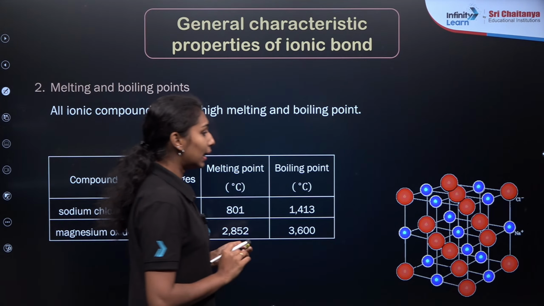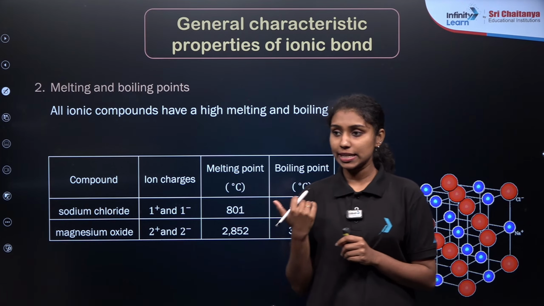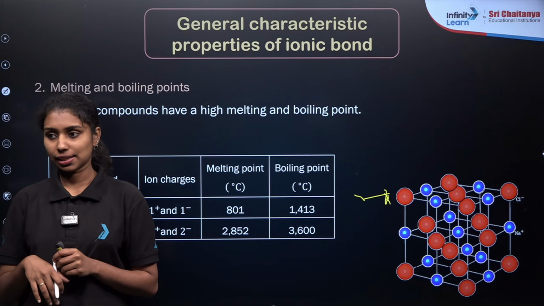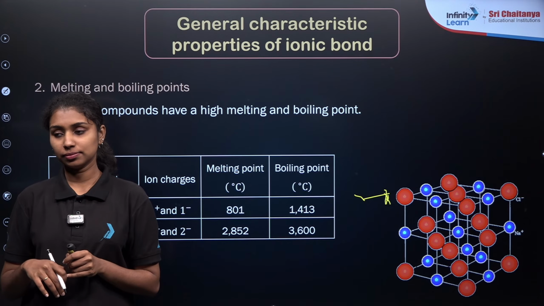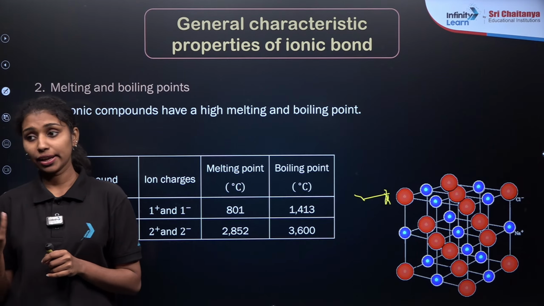Now let us talk about the melting point and boiling point. What about the melting point and boiling point in the case of covalent compounds? We discussed it in the last class, whether it is very high or low.